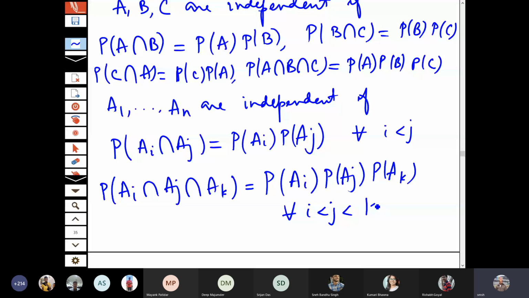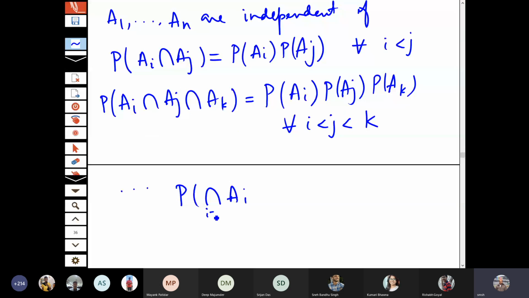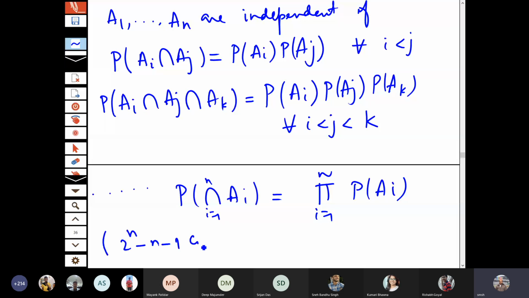Finally, probability of all intersections taken together is product of all of them taken together. So these many conditions will come. How many conditions are there? 2 to the power n minus 1 conditions.